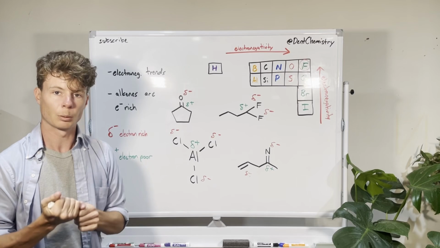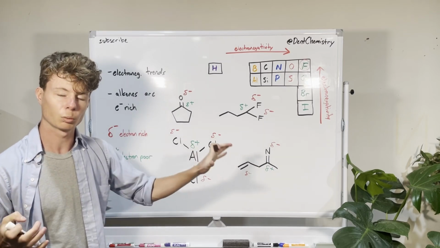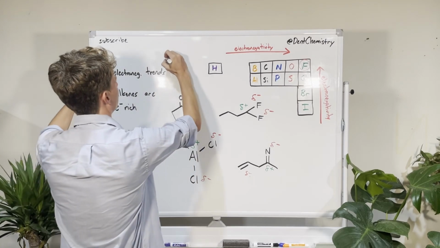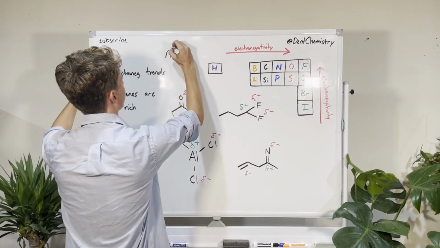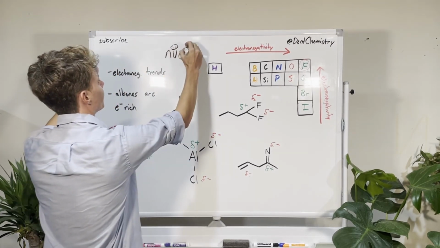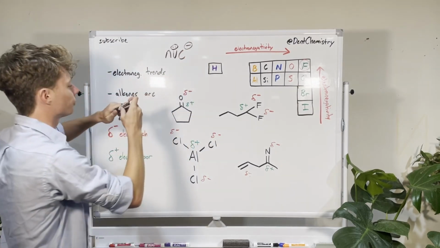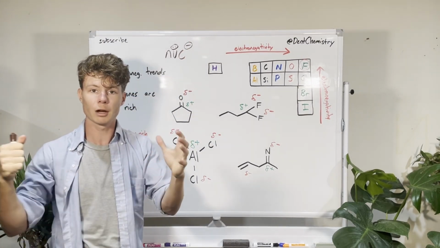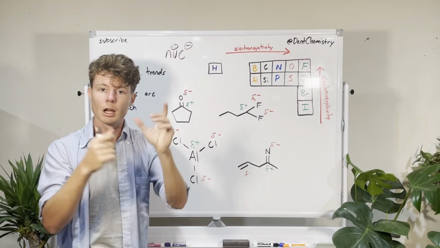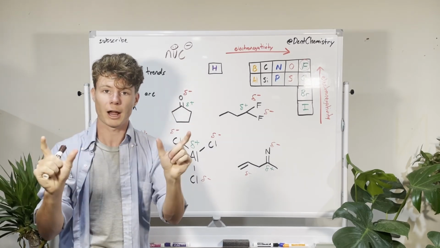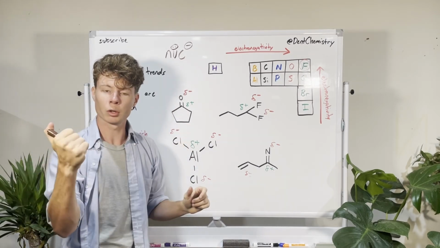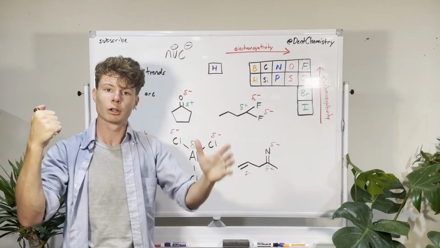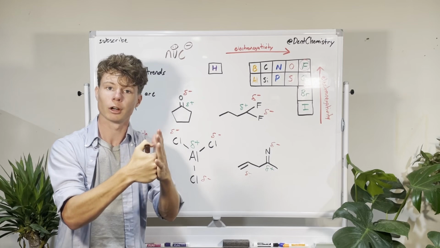Why this is really important: later on we'll get mechanisms in here, and we'll have what we call nucleophiles. Okay? And nucleophiles are really electron rich. Nucleophiles, they love to attack the nucleus. Opposite charges attract. Okay? So I have a nucleophile with negative charge. That negative charge is going to want to attack a positive charge.